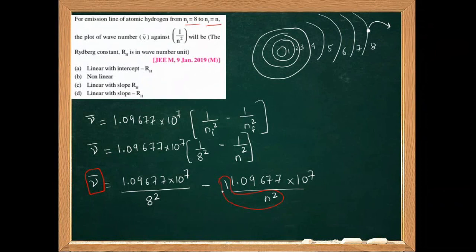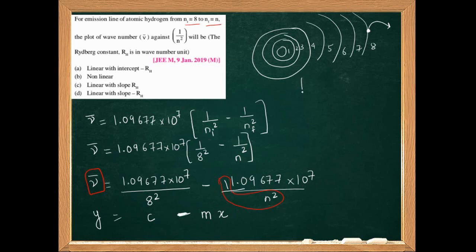If you see, this is Y and this is a constant, so this will be C. We have a minus sign, and 1.09677 into 10 to the power 7 is a constant, which is M, and this is our X. So this is a straight line.